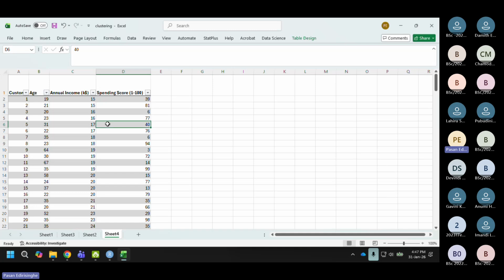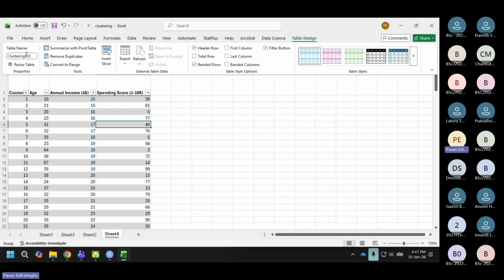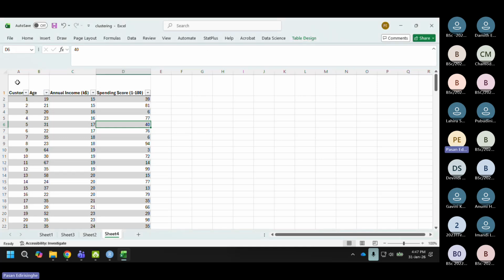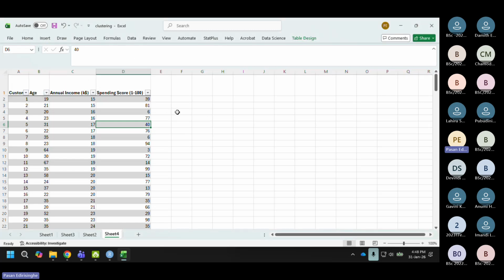They are labeling it as a table. And then if you go to the Table Design tab here, you can see the name of the table there, right? They are going to give us some name for that table, and we need to use that name as well, right? So Clustering 510, that's the name they are giving. You can change that as well, right? You can use different names if you like.